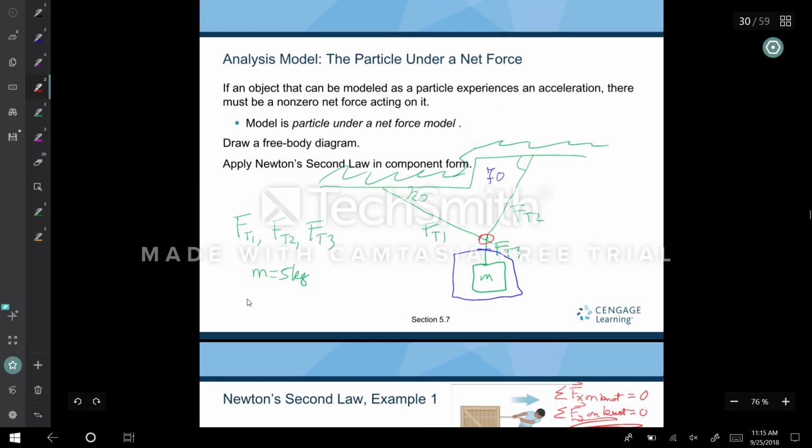Now, in the statement of the problem, I gave you what? I gave you the angle to the horizontal. So what is the angle to the vertical that I used in my example? Theta equals 90 minus 70.